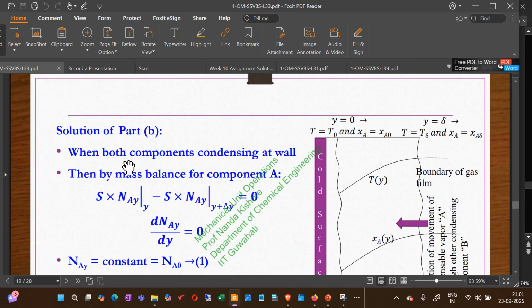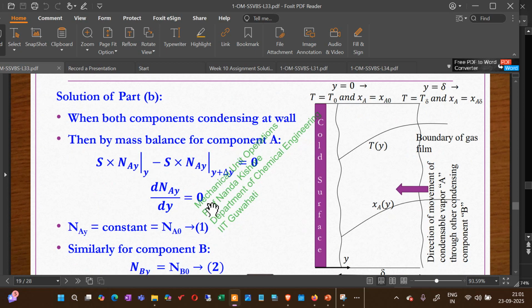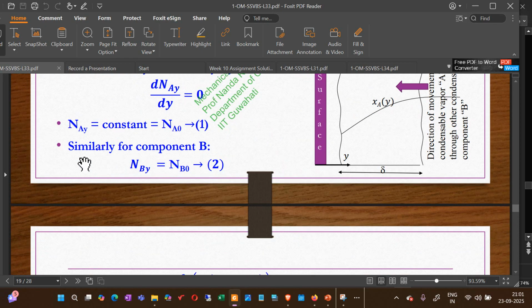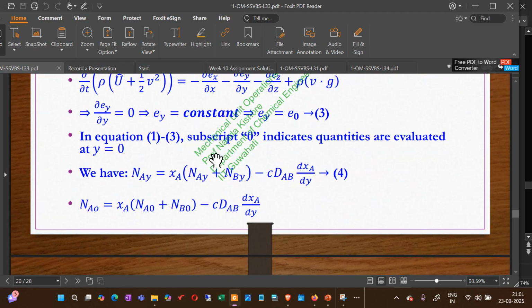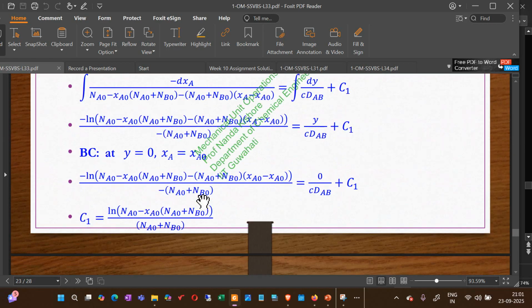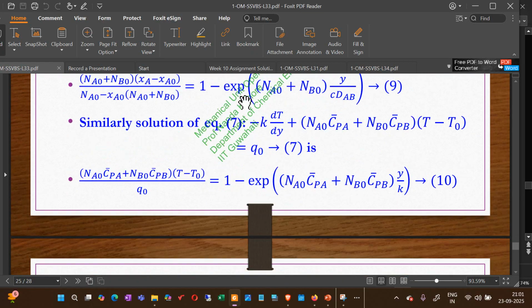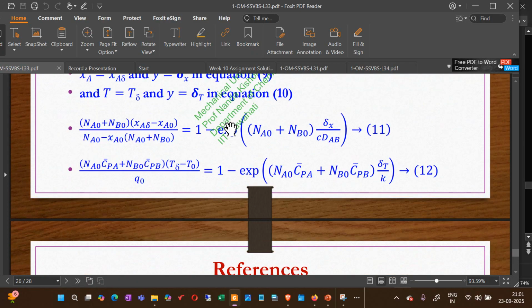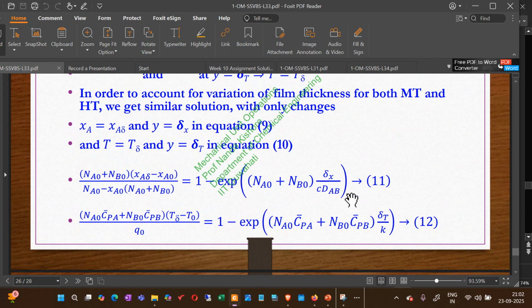In this slide, part B was when both components are condensing at the bottom. In that case, you started with the mass balance, similar for B also. The expression was shortened with tedious calculations, but at the end you have this concentration, and when you solve it, you get the flux.